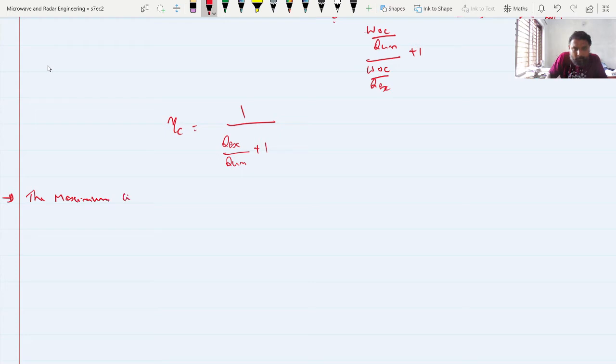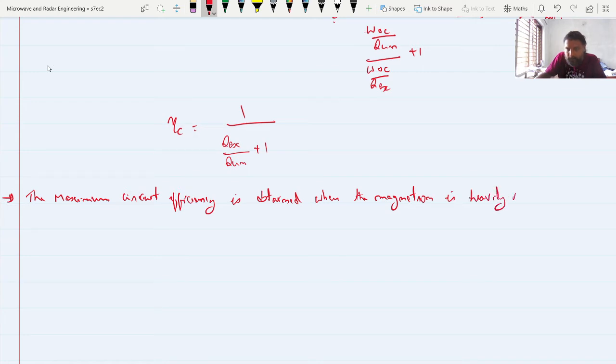The maximum circuit efficiency is obtained when the magnetron is heavily loaded, that is for G suffix L very much greater than GR.